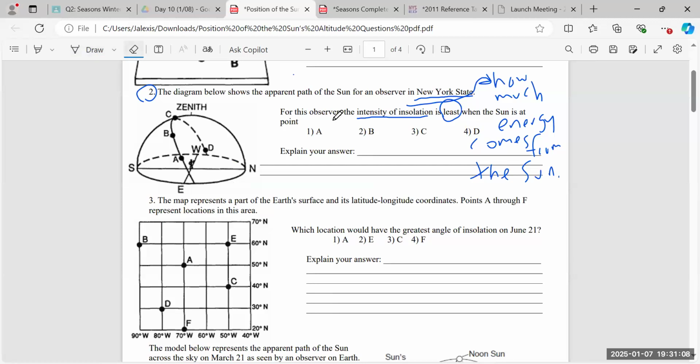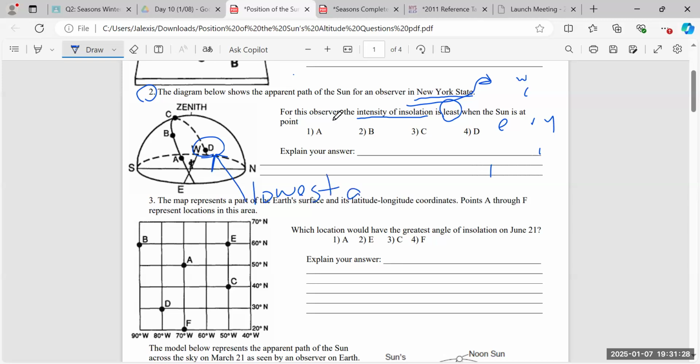That means that the intensity of insolation is least when the sun is at point D. Why? Because that is when the sun is at its lowest angle. Lowest angle equals low intensity of insolation.